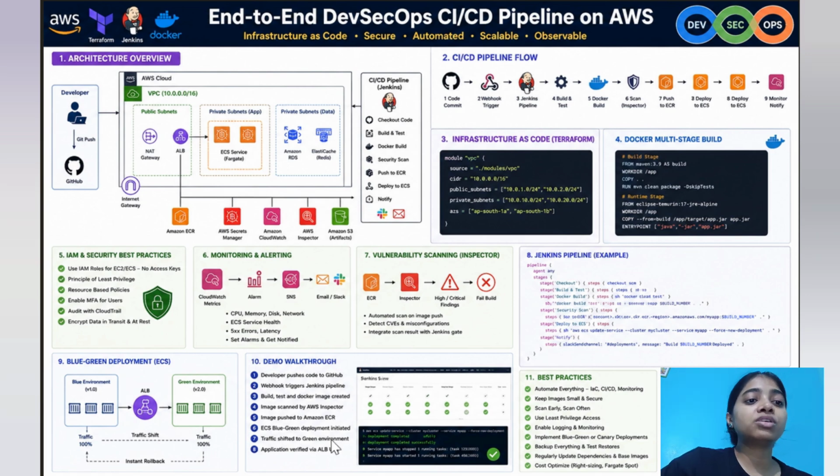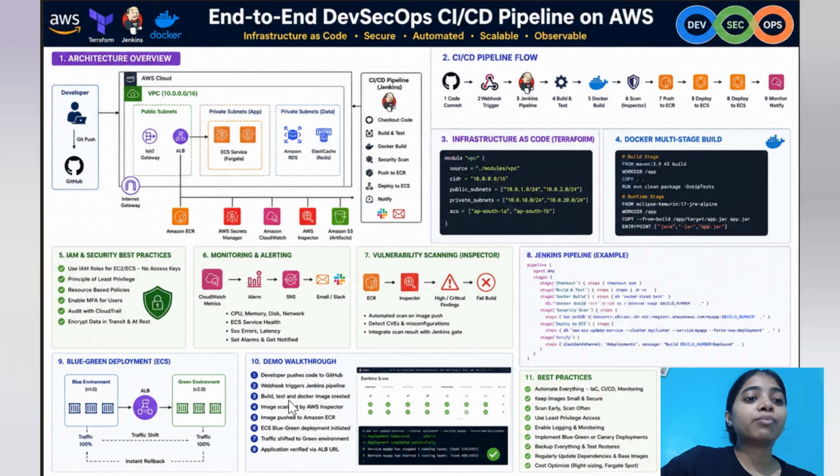Now suppose v3 is coming: green will stay on v2, and we'll upgrade the blue environment directly to v3, and now we need to switch the traffic from green to blue. So it's always that blue and green are labels, and we are playing with labels.